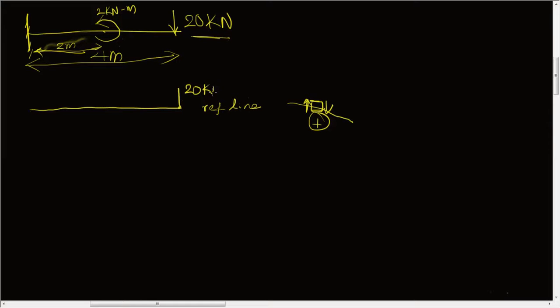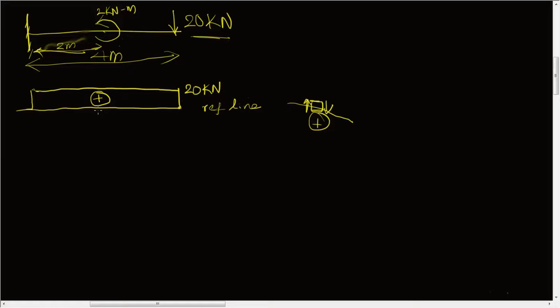Okay, and since there is no load till this point, this 20 kilonewton will continue till this part. This is a straight line and it is a constant. Okay, and this is the positive shear force diagram. Our shear force diagram is nothing but a rectangle in this case.